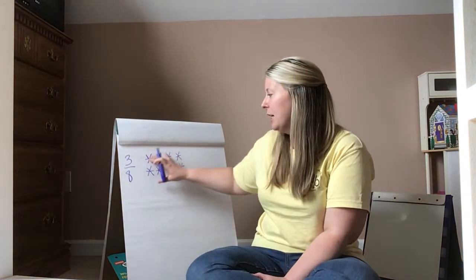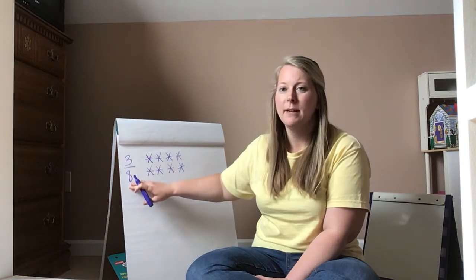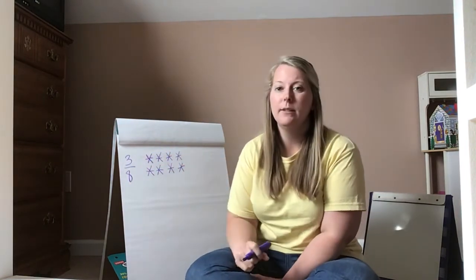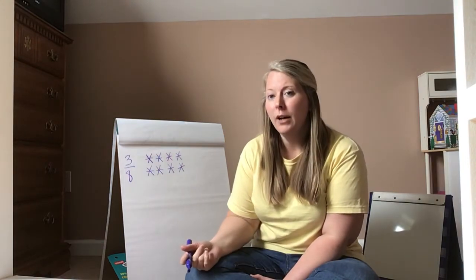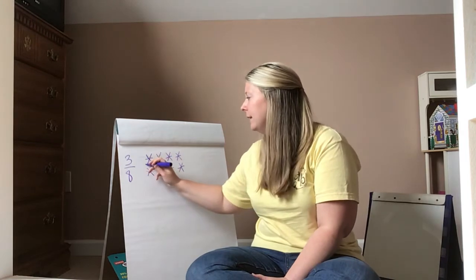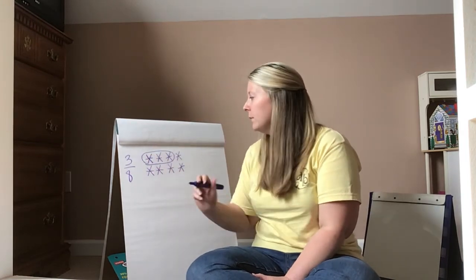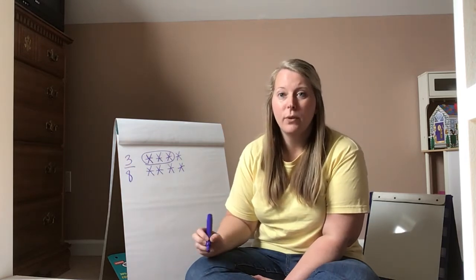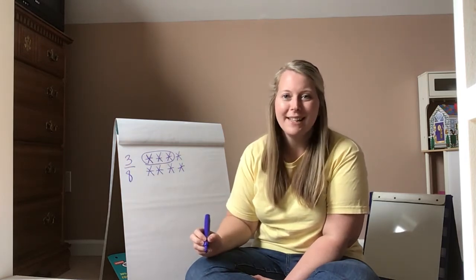Okay, so now I have my number of items matching my denominator. My denominator is 8, and I have 2, 4, 6, 8 items. Now I'm going to model or represent the fraction 3/8 by circling 3 of them. Okay, I have drawn and created a set model for 3/8. Guys, it's really that simple.